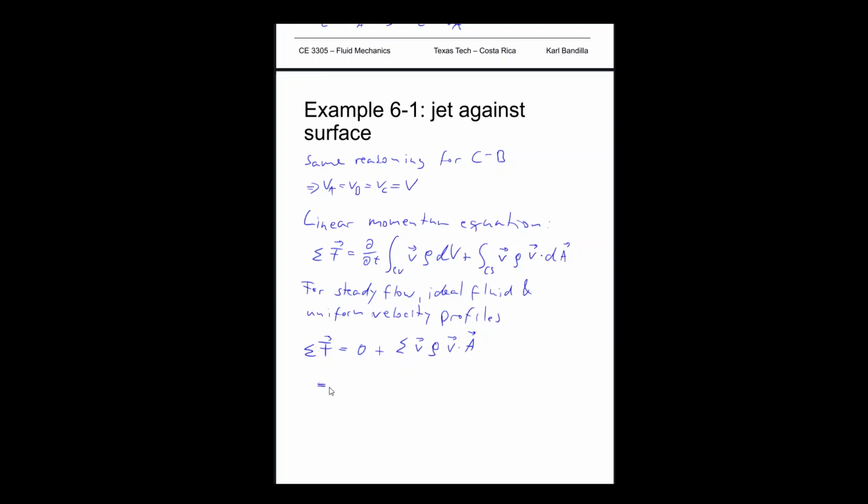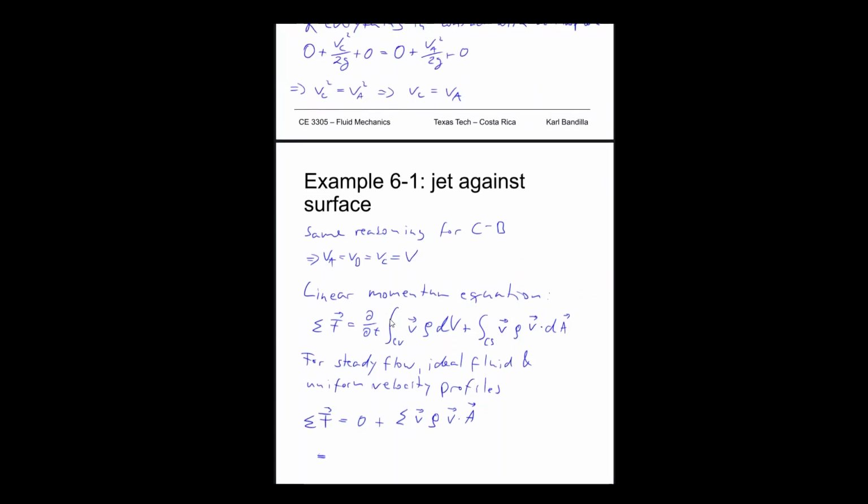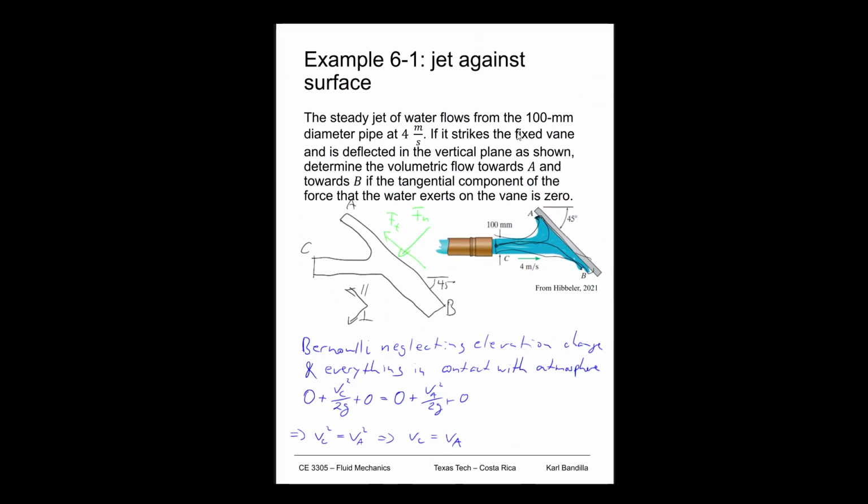All right, so in our specific case, we have 3 control surfaces. I'll do the red right here. We have a control surface here, a control surface there, control surface there. We think about this just like we talked about when we talked about control volumes, right?